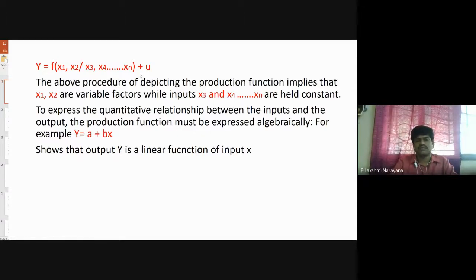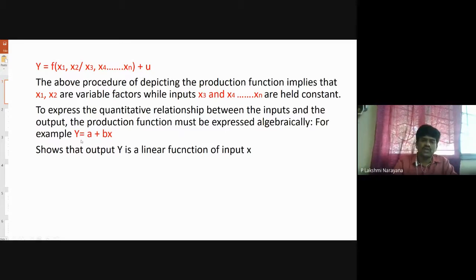To express the quantitative relationship between the inputs and the output, the production function must be expressed algebraically. For example, y is equal to a plus bx.